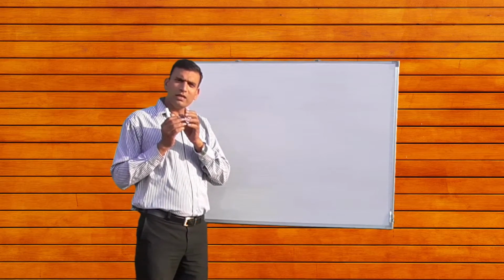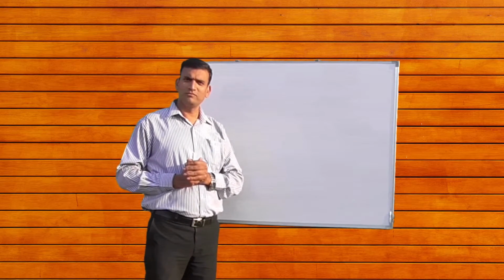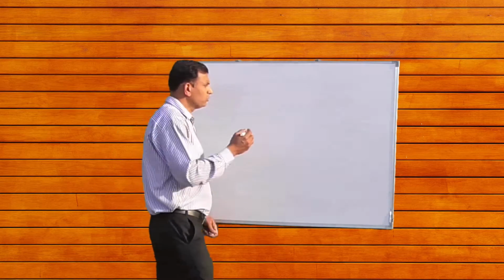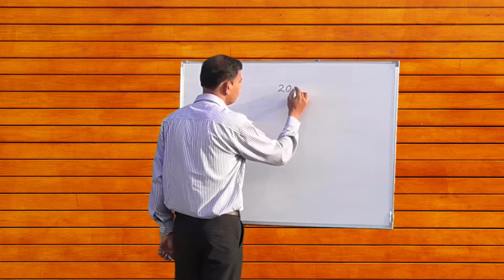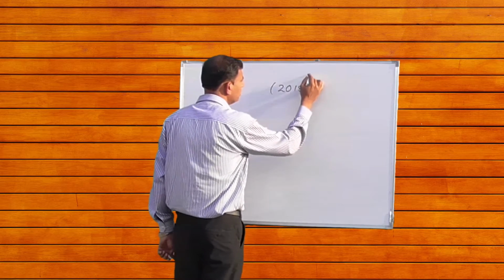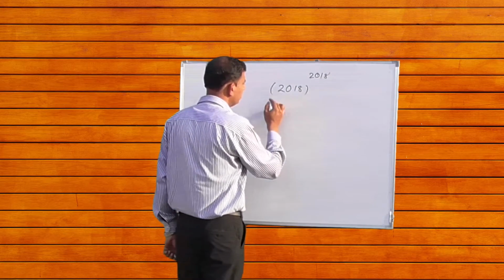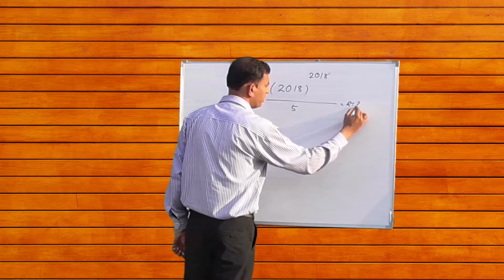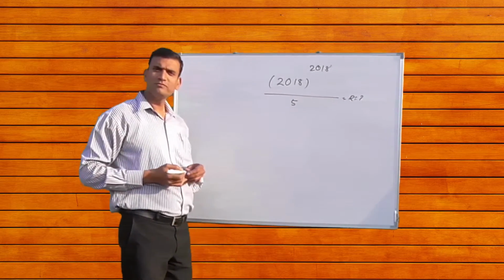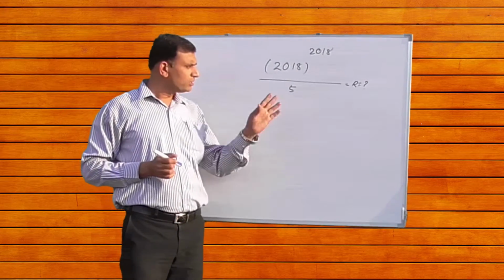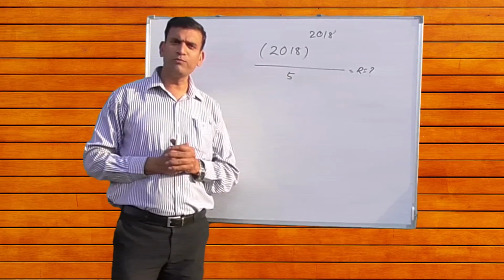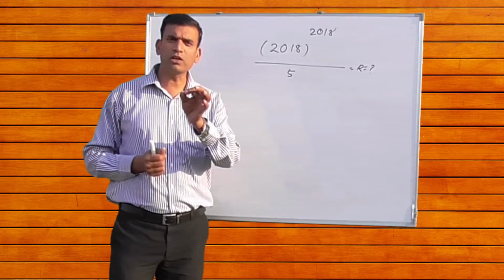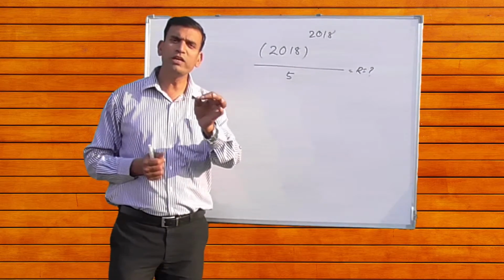I'll take any number. Let us suppose, in the beginning of this year, 2018, I take 2018 as a number: 2018 to the power 2018 divided by 5, and find the remainder. If I divide it by 5, it is quite easy. One thing that is required is the unit digit.